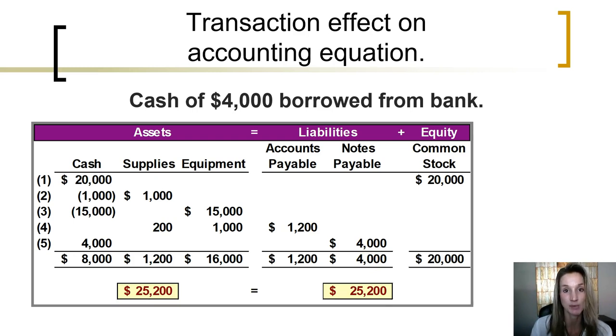Because borrowings typically involve the signing of a promissory note stating interest will be paid, we are going to keep track of that liability separately from accounts payable. So we're going to record it in notes payable. Total liabilities plus equity, $25,200. Total assets, $25,200. The equation remains in balance.